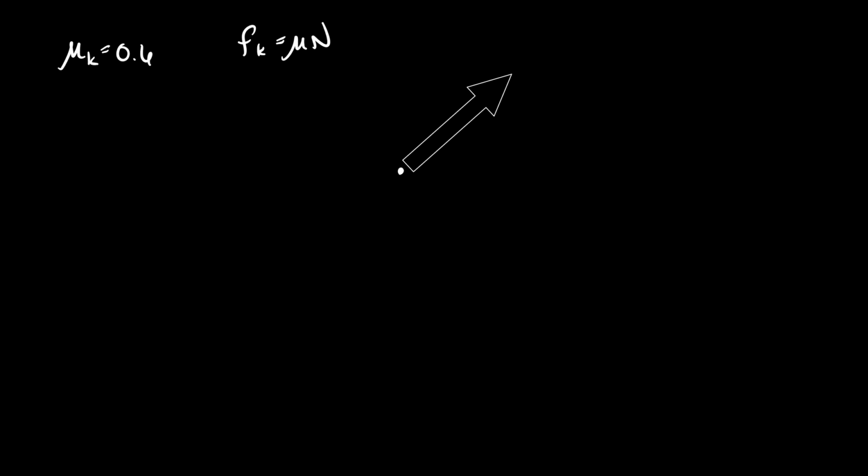There's gonna be another force downwards. That's gonna be the weight. There's gonna be another force upwards. That's gonna be the normal force. And there's gonna be another force backwards.